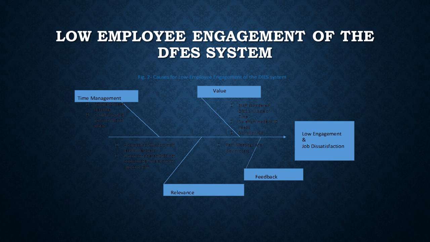Relevance, appraisals of support staff led by teachers. Union considered the DFES not appropriate or irrelevant for support staff. Values, staff considered the DFES a waste of time, no effort made to identify needs, and no follow-up. Feedback. All of this contributes to low engagement and job dissatisfaction.